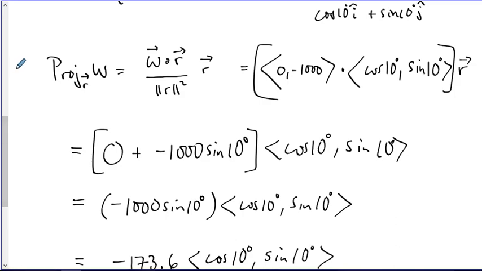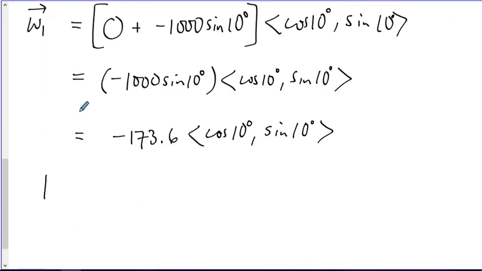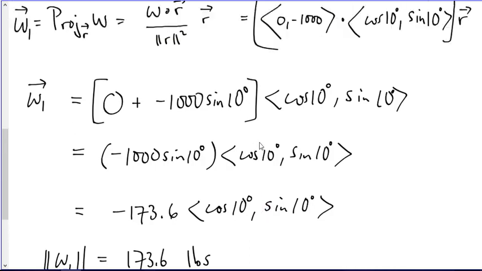So we could say what we just calculated we were calling W1. And so I could say the magnitude of W1 is just the 173.6. And because I know the context, it's 173.6 pounds of force, and that's the force that would be required to keep that block from sliding down.